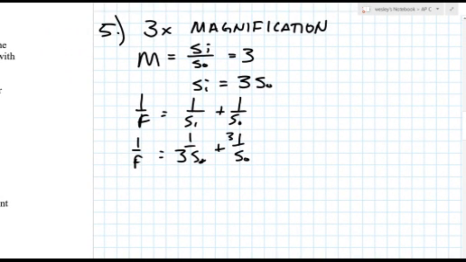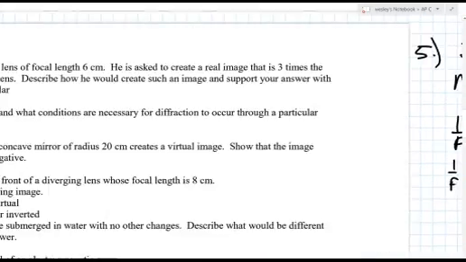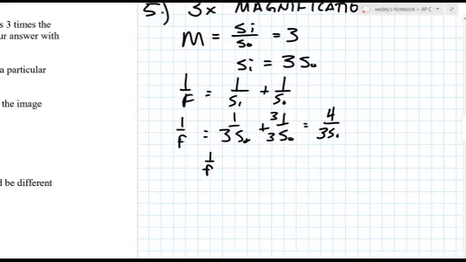So if I want to add those together, I get 1 over F is equal to 4 over 3 SO.